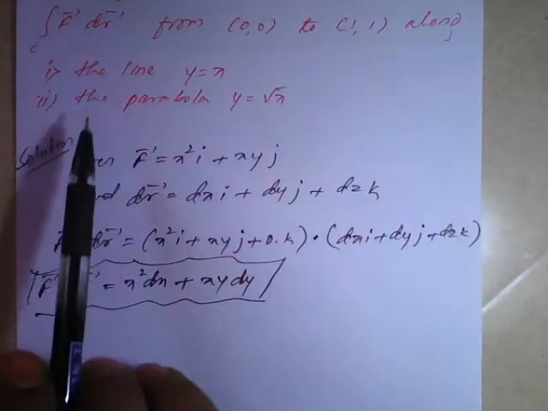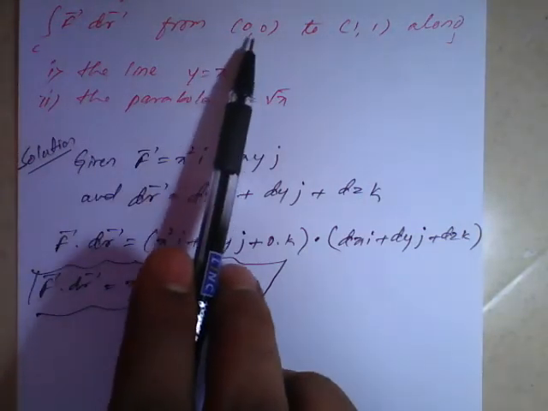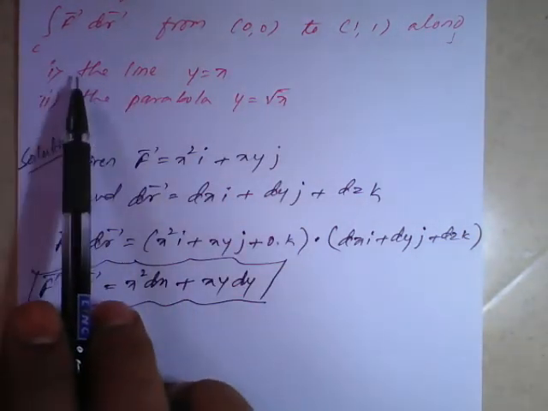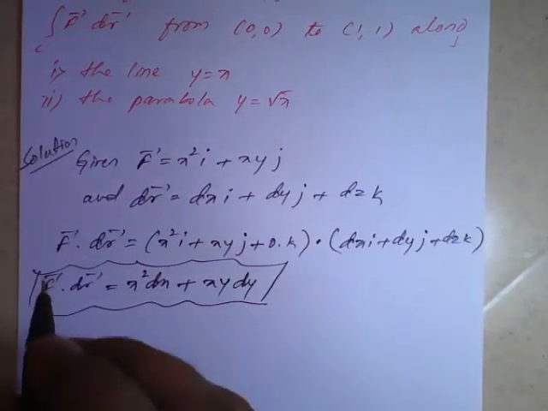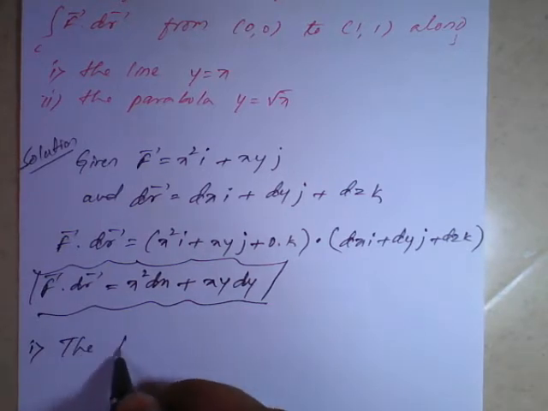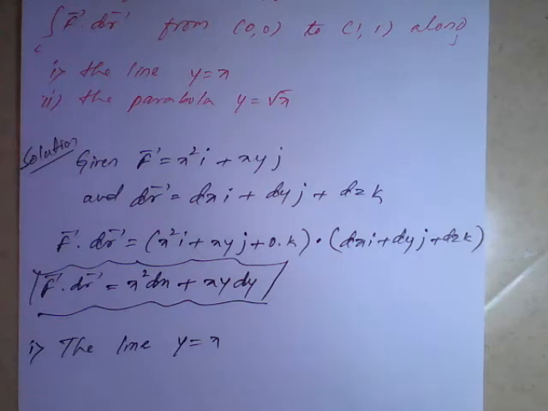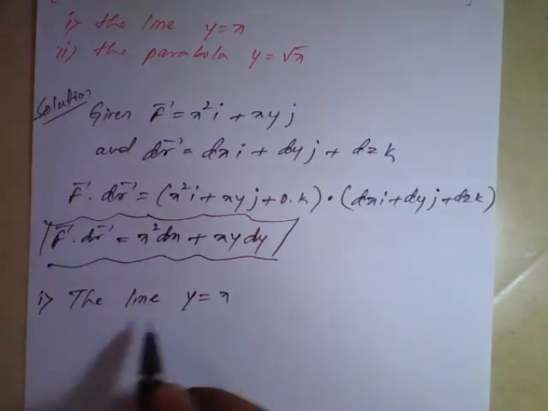Now we need to find the integration of vector F dot dr from the point (0,0) to (1,1) using the first two conditions. The first condition is the line y is equal to x, so we'll continue with it.